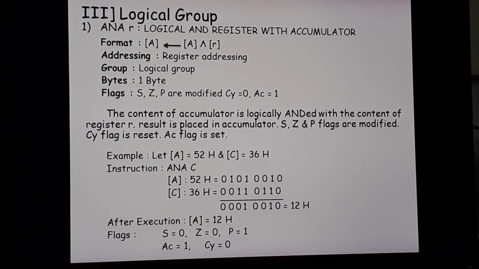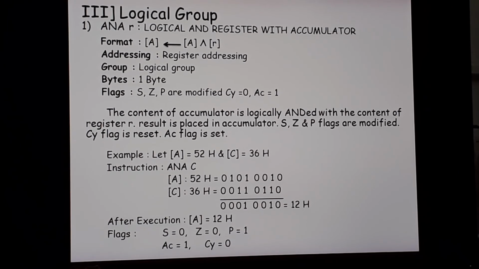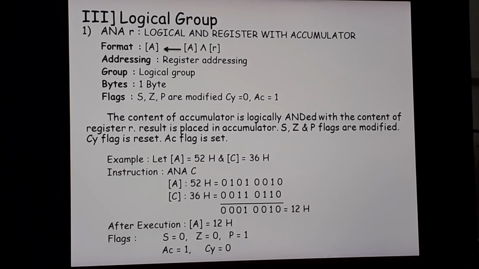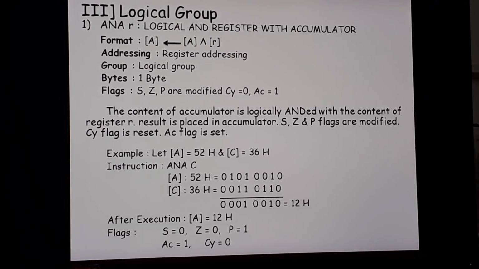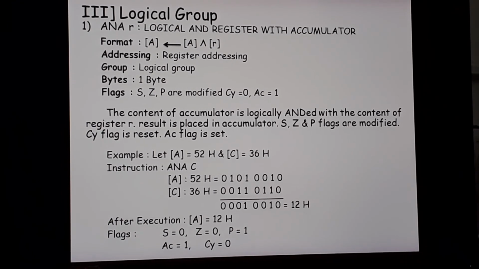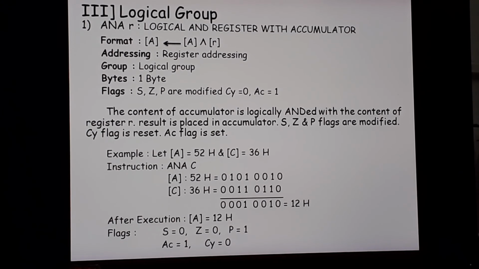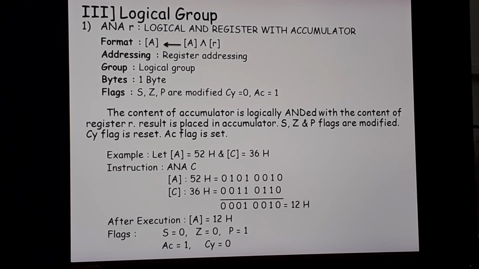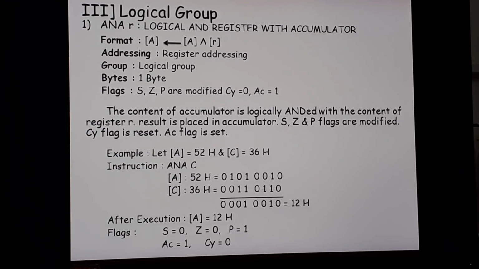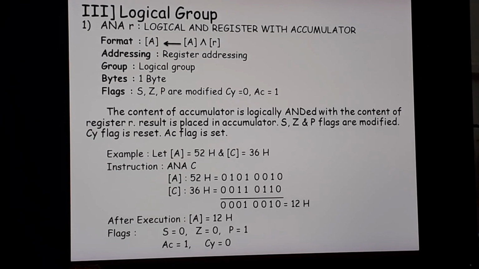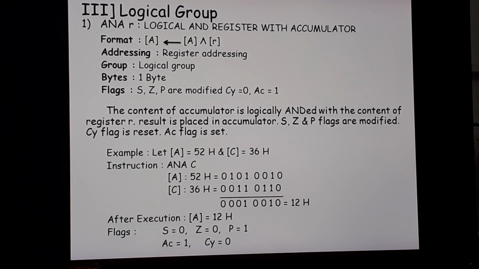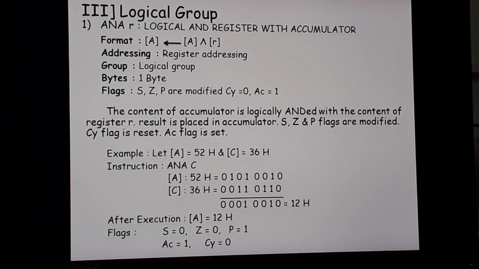So ANA R, where ANA stands for logical AND, and R is nothing but the register with the accumulator. So what it does, it will AND the register content with the accumulator content. Hence the full form of this particular instruction is logical AND register with the accumulator. The format is shown as A AND R. The top cap, or you can say top arrow, if you know the top arrow in the calculator, we also say cap.